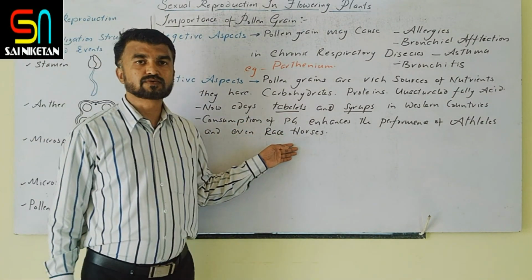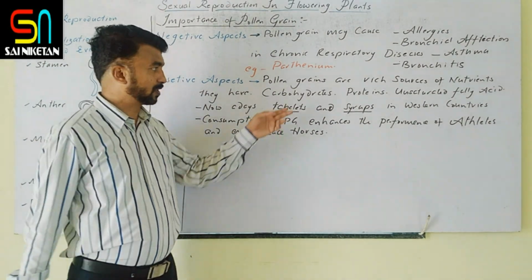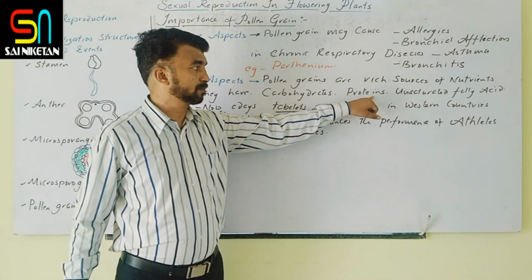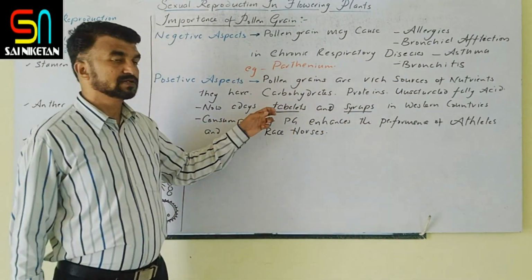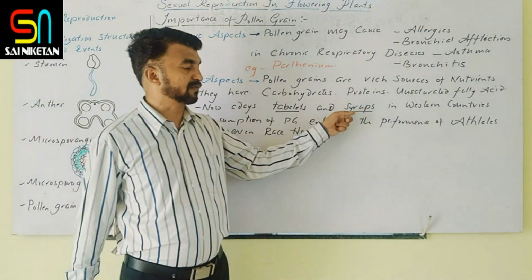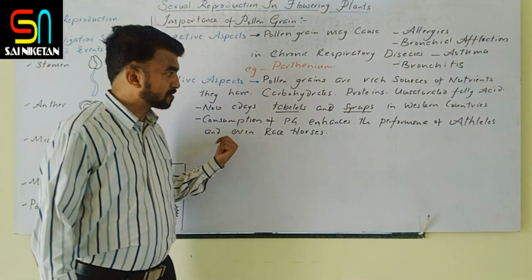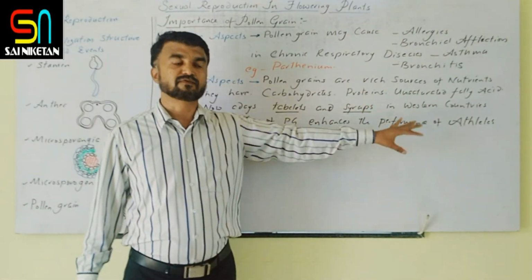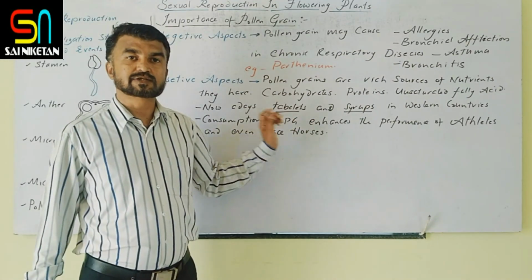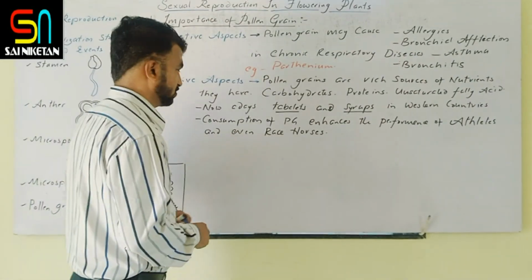So pollen grain can be used as a nutritive supplement. These are rich sources of carbohydrate, protein and unsaturated fatty acids. Nowadays tablets and syrups are available in Western countries. The consumption of pollen grain may enhance the performance of athletes and race horses.